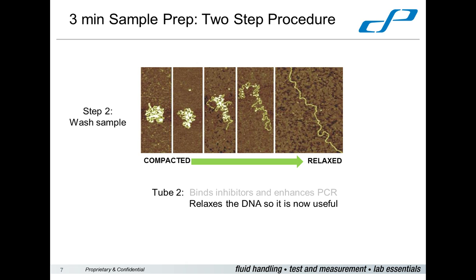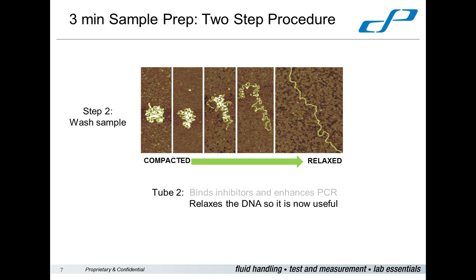And what you'll see here are a series of high-magnification microscopy images of the various stages of relaxation of your nucleotides as they've gone in. The first column on the left would be as they've initially gone into tube 2 from tube 1, where they've all been compacted, stored and stabilized. And then as they're in tube 2, they become relaxed.